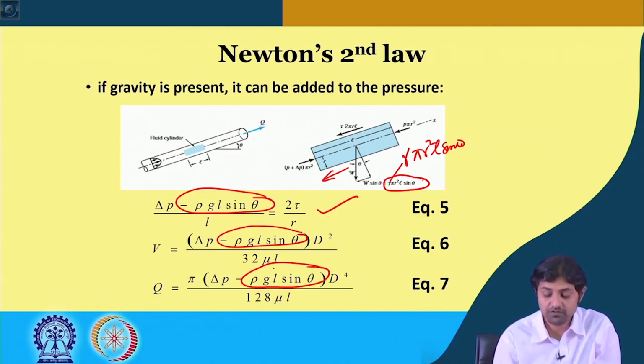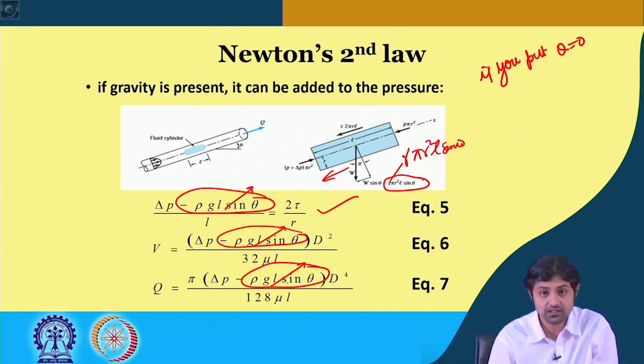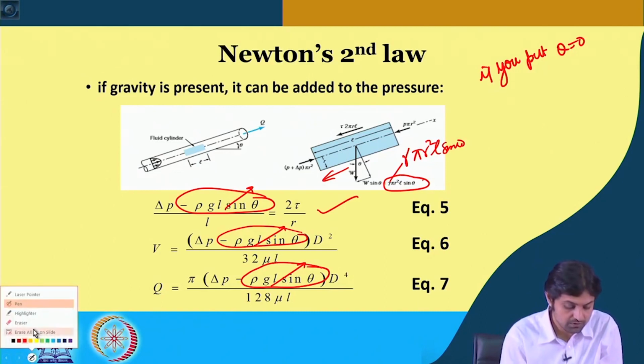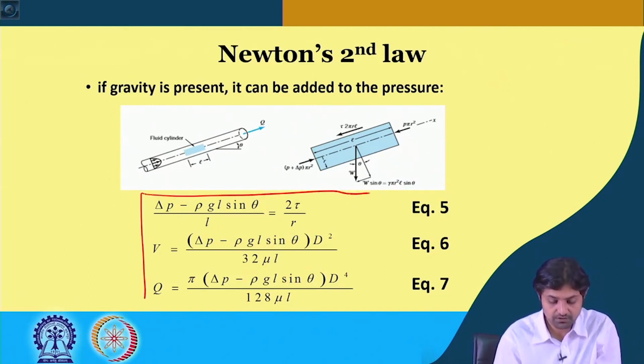If you want to verify, this is valid for all angles. If you put theta equal to 0, this term will vanish, because sin 0 is equal to 0, and it will be the same as what we derived before. So, you can also try to remember these equations.